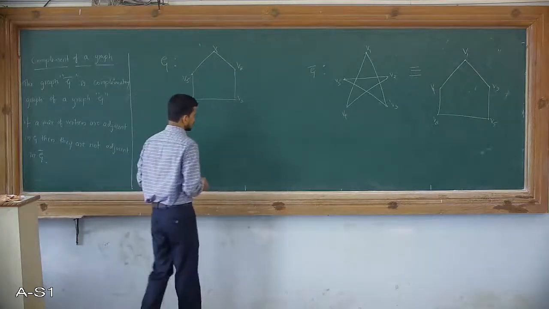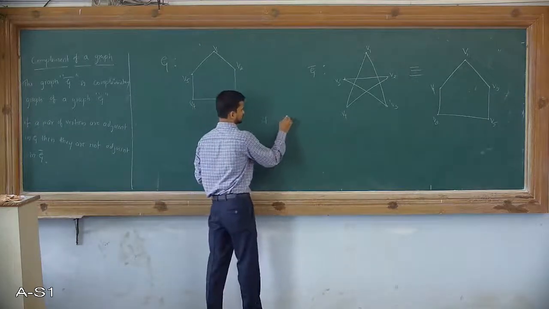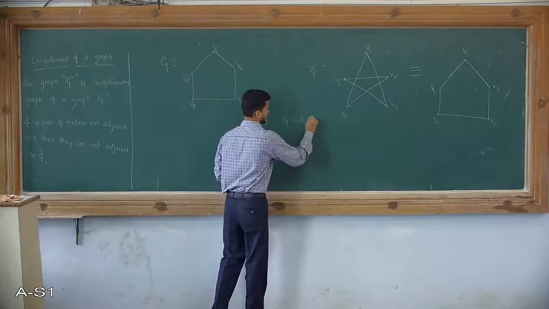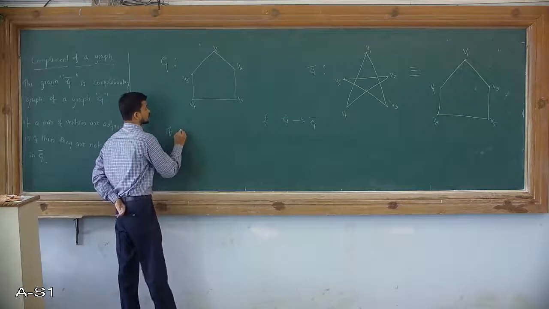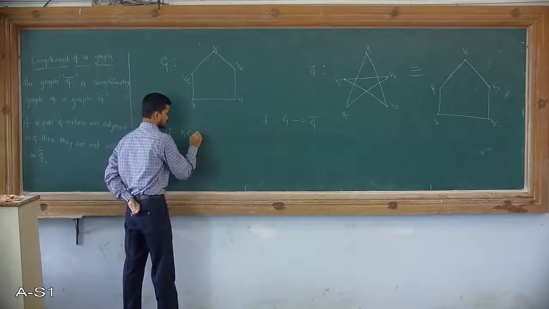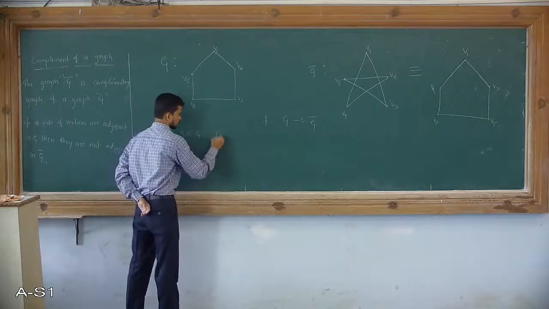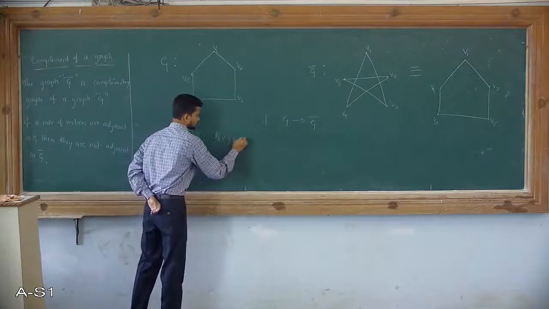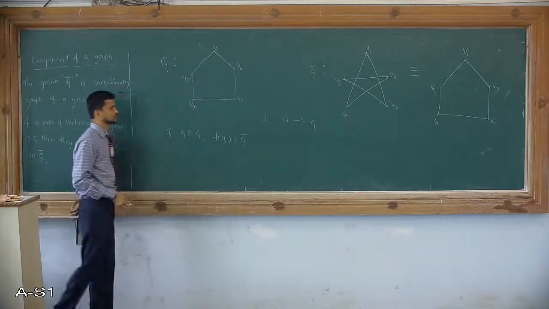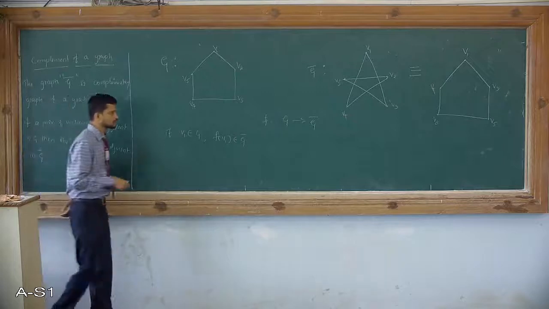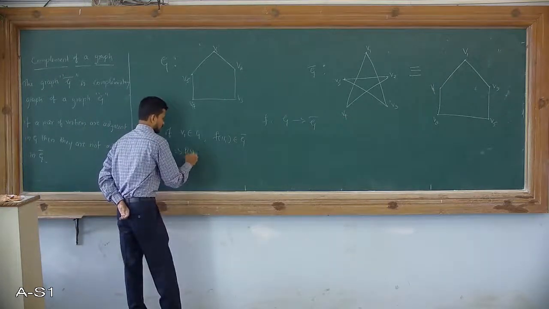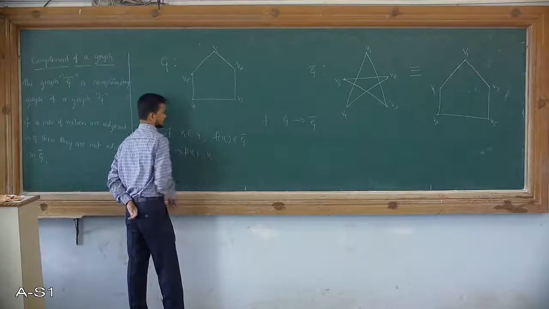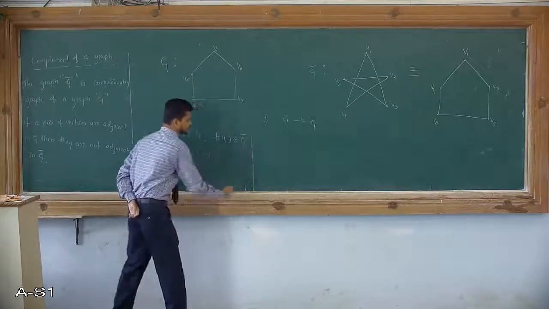Since f is from G to G bar, I am considering: if V1 belongs to G, f of V1 belongs to G bar. So what is f of V1 in this graph? Here f of V1 is V1. So this is the first vertex.